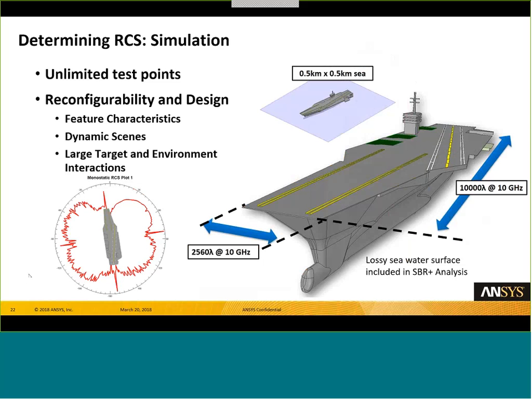At 10 gigahertz, the aircraft carrier shown here is about 10,000 wavelengths in electrical dimensions. So this simulation actually includes the seawater. So the complex interactions with the vessel and the ocean surface are included. So even if the certification is required by test, the simulation really provides a reliable tool to iron out the important conditions of interest before the test plan even gets put into motion.